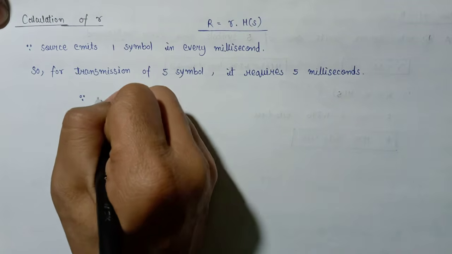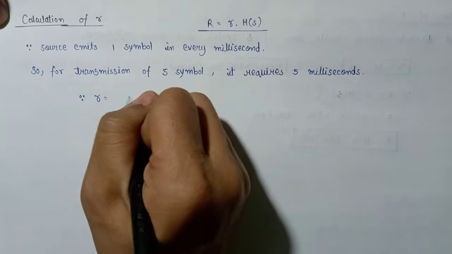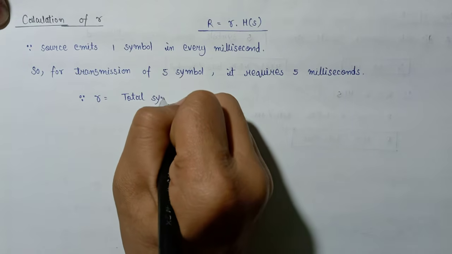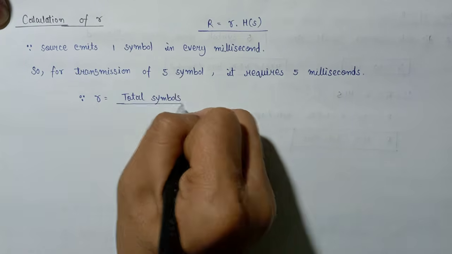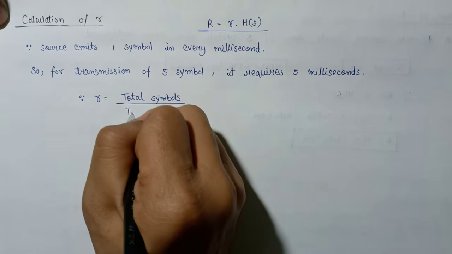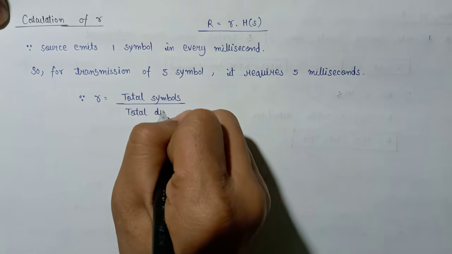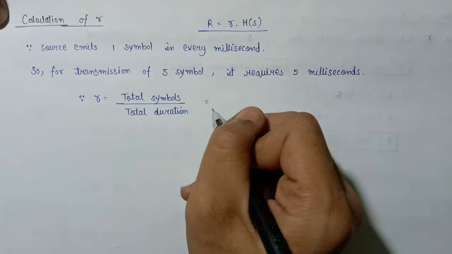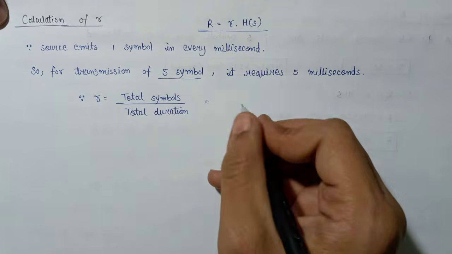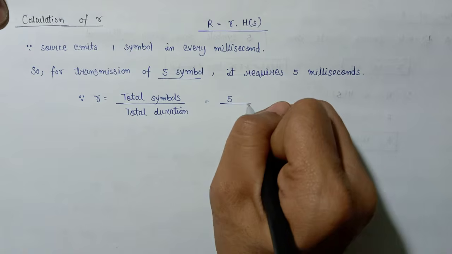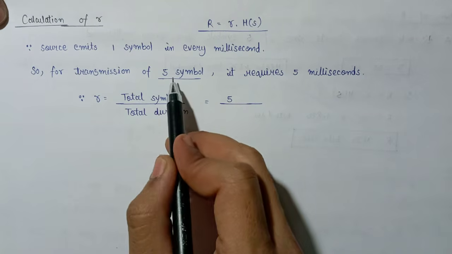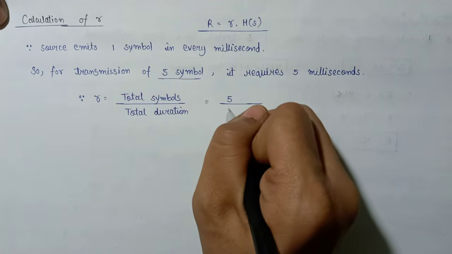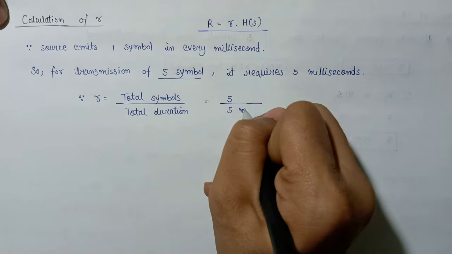The value of small r equals total symbols divided by total duration. On substituting, here are the 5 symbols, and for the transmission of 5 symbols it requires 5 milliseconds, so the total duration is also 5 milliseconds.